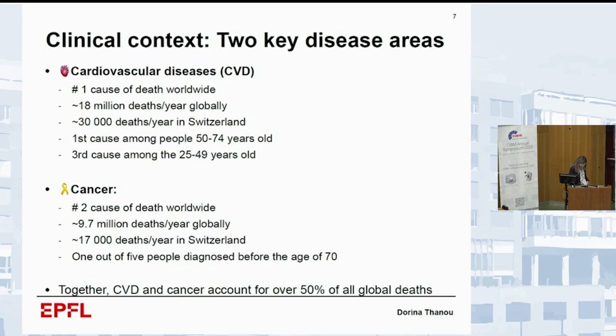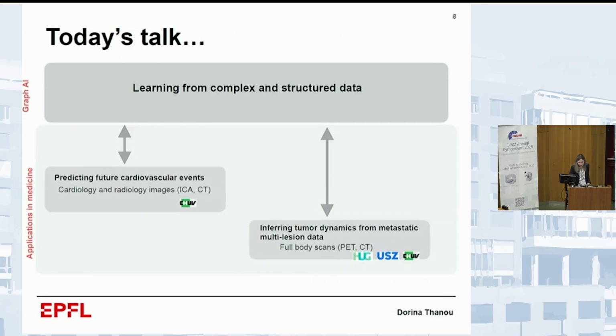So to make it a bit more precise, what I will be talking about today is two use cases, or two problems coming from collaborations that we have with clinicians, and see how these problems fuel the design of these AI methods, particularly graph-based AI methods. The first use case would be in the domain of cardiovascular disease, predicting future cardiac events, from a collaboration that we have with the cardiology department of CIBM.